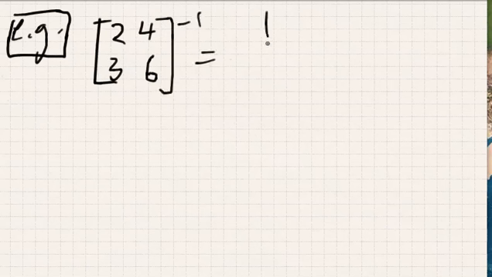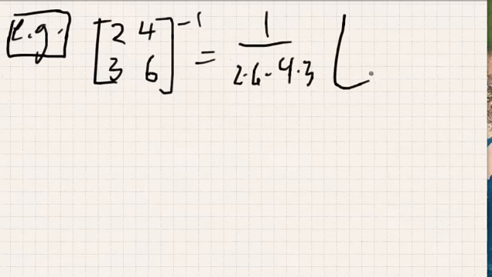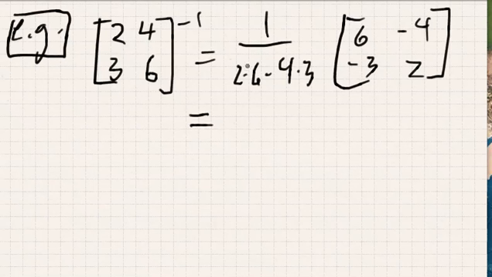If I tried to take its inverse, I would get 1 over 2 times 6 minus 4 times 3 times, swap those guys, I forget the formula myself, 6, 2, negative 4, negative 3. And this gives me 1 over 12 minus 12, that's 1 over 0 times this matrix.